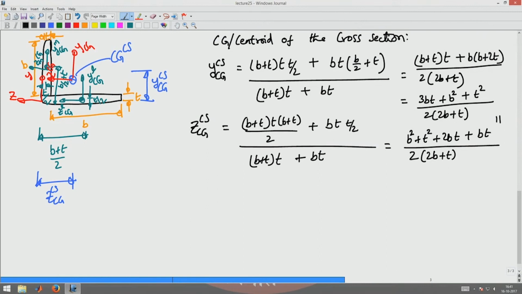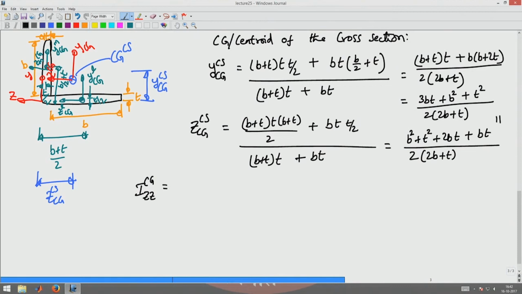Next, I am interested in finding IZZ about the CG axis of the cross section. I am going to use the parallel axis theorem.